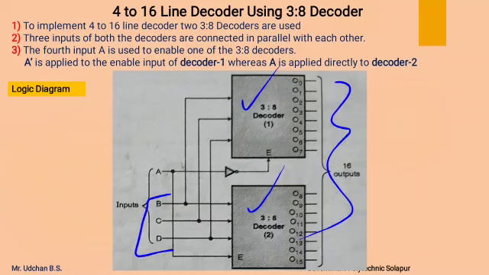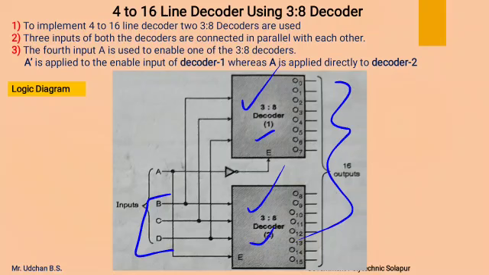The fourth input is used to enable one of these 3:8 decoders. We cannot keep both the decoders enabled at a time, therefore the enable terminal is used, and A is applied to the enable input of decoder 1.